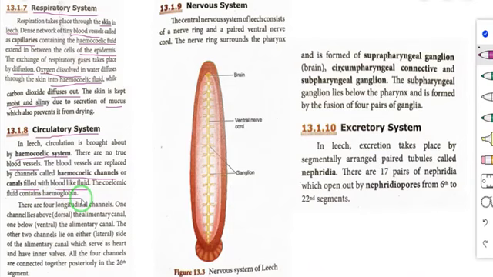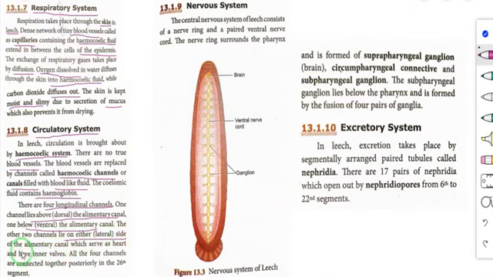Then there are 4 longitudinal channels. So how many channels are present? 4 hemocoelic channels. One lies above the alimentary canal, the next one below the alimentary canal, and the other 2 on either side of the alimentary canal.